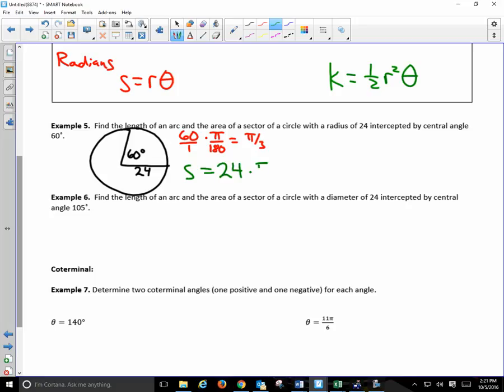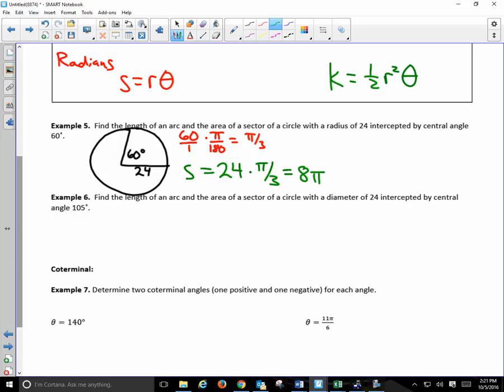Pi over 3. Now we're going to express this two ways. Number one, 24 times pi divided by 3 will give me what in terms of pi? 24 divided by 3 gives me 8. So 8 pi is the exact value.